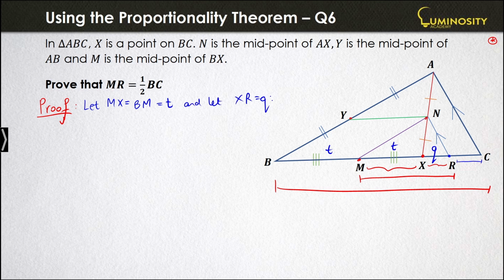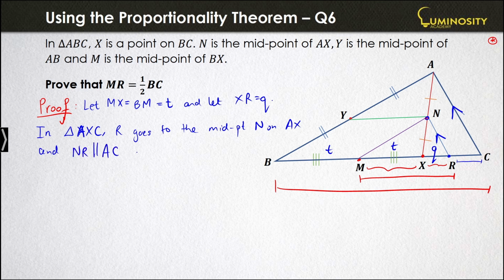Now I notice that these are parallel lines, and this point R goes to a midpoint N on that line. So I can say in triangle AXC, R goes to the midpoint N on AX, and we were also given in the diagram NR is parallel to AC.